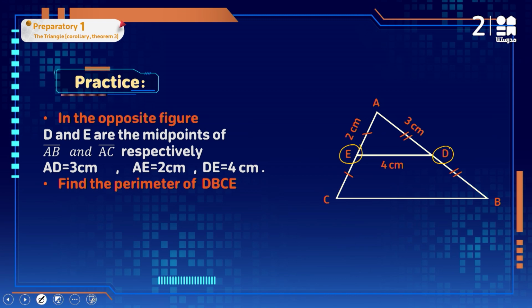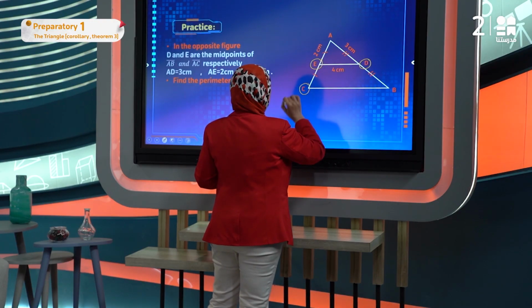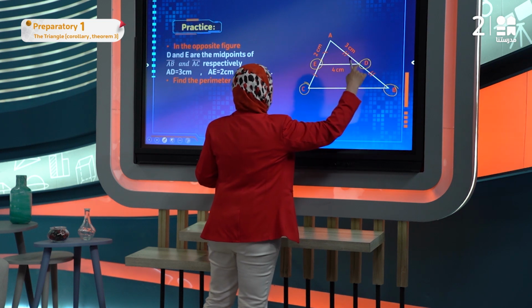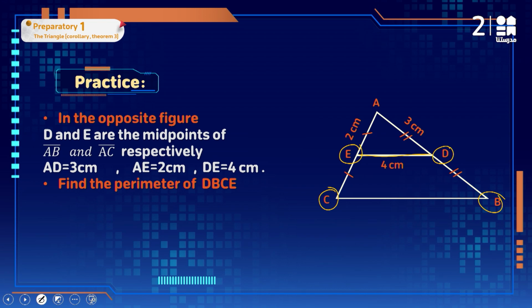Then AD equals 3 centimeters and AE equals 2 centimeters, DE equals 4 centimeters. Find the perimeter of DEBC. So DBCE. We need to find the perimeter of this figure.